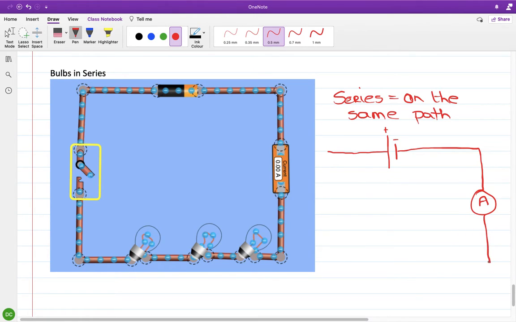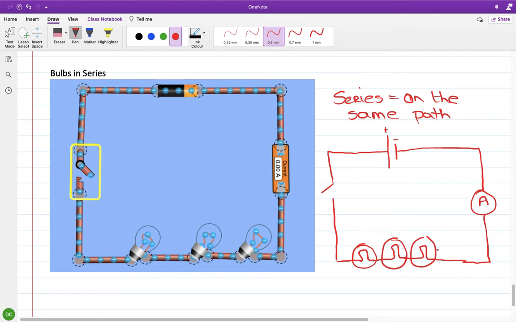A switch looks a bit like what it looks like there. And your bulbs look like little ohms like this. Sorry, I said batteries. I meant bulbs.